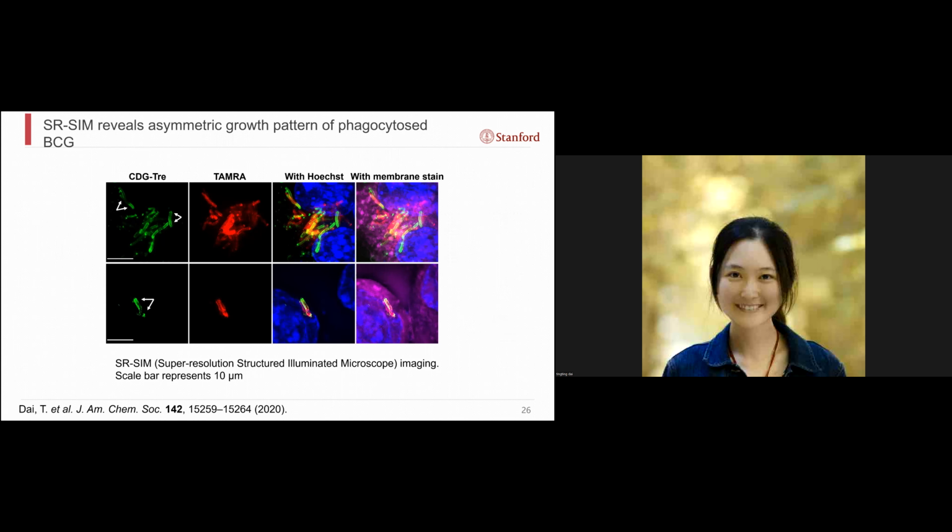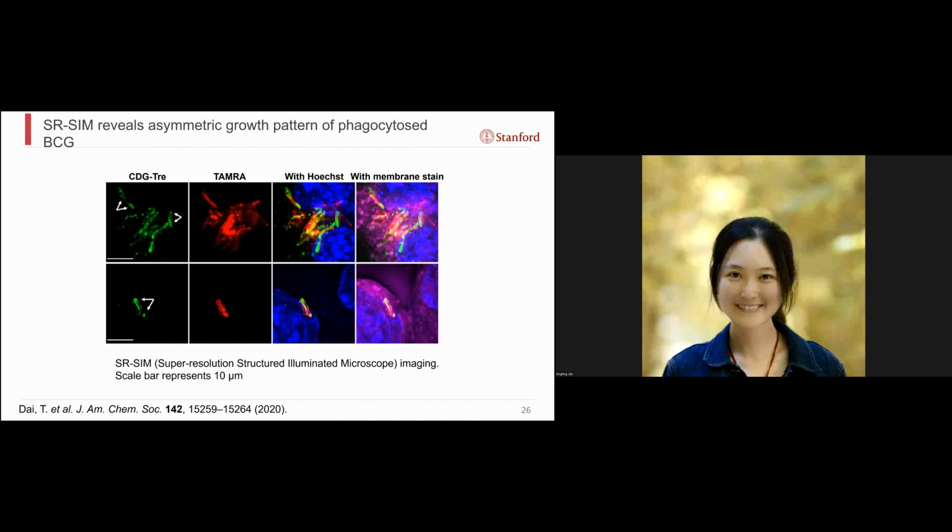this dye is specifically labeled on the polar region of the bacteria. So this is a unique behavior of Mycobacterium because of the uneven labeling and the division of the bacteria. When they split into daughter cells, they can inherit different cell wall material from the parent.